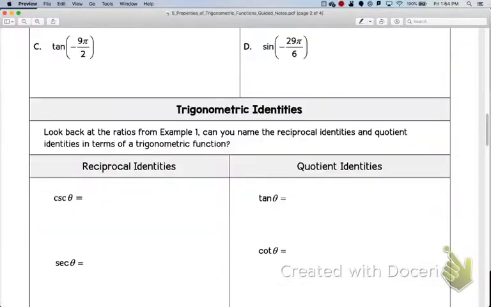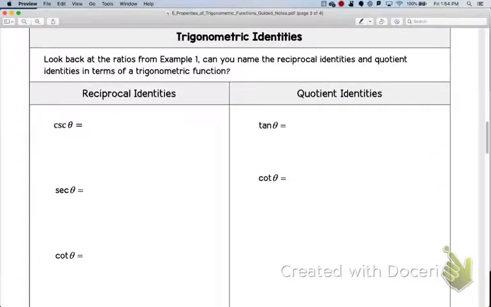Okay, so looking back at our ratios from example 1, can you name the reciprocal identities? So cosecant, we know, is the same as 1 over the sine of theta, which we've already talked about. Sine is y, so 1 over y, the same thing. Secant is the reciprocal of the cosine, so 1 over cosine theta.